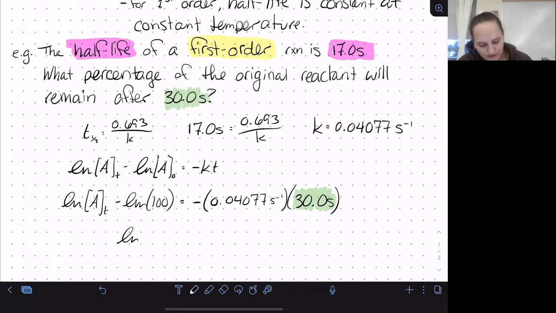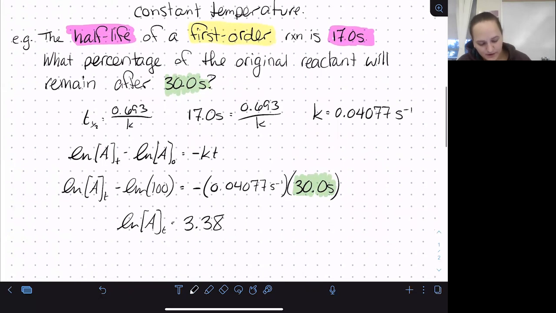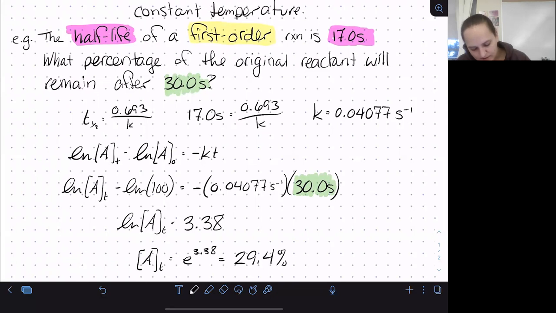We get that the natural log of our concentration is 3.38. The inverse function of a natural log is an exponential with a base of e. So we have e to the 3.38 power, which gets us about 29.4%.